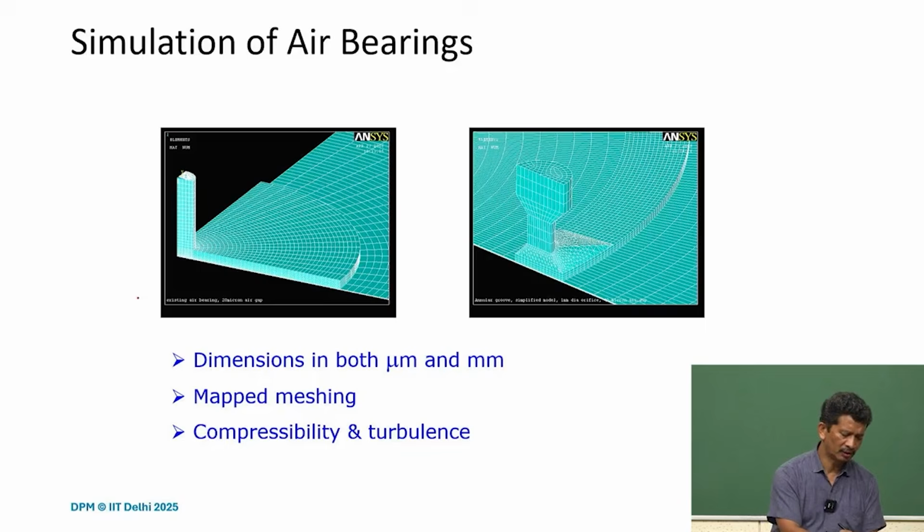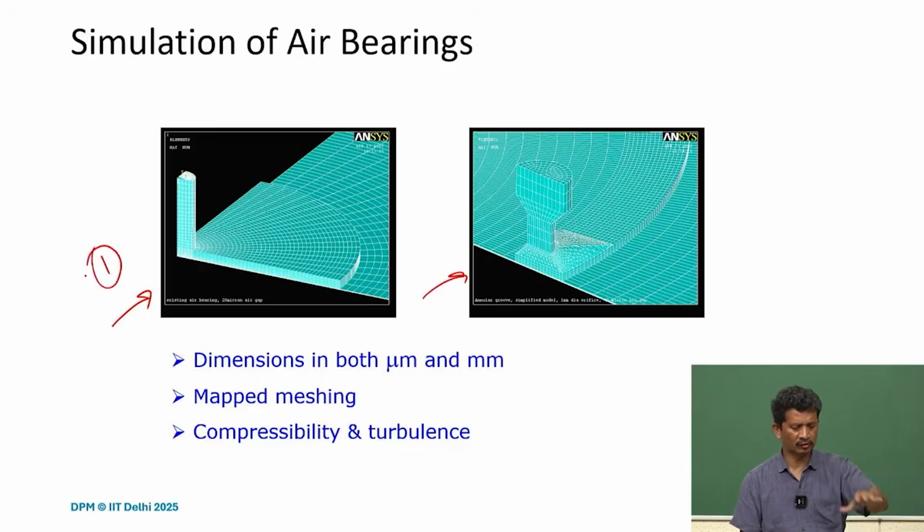In this case, there are two configurations we are talking about. The first one is the circular one. It's a quarter model, and at the center is where the air is supplied, and with the supply pressure we have, there is a circular pocket, and then it flows through the bearing surface.